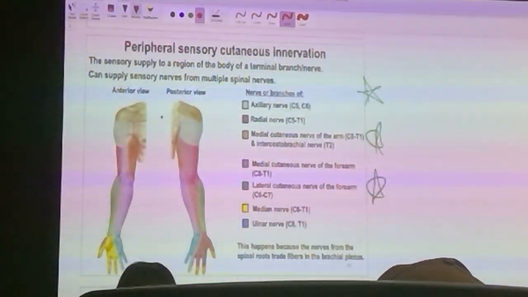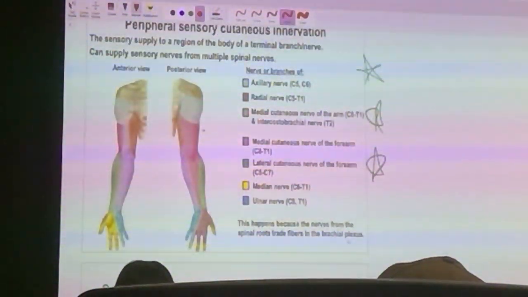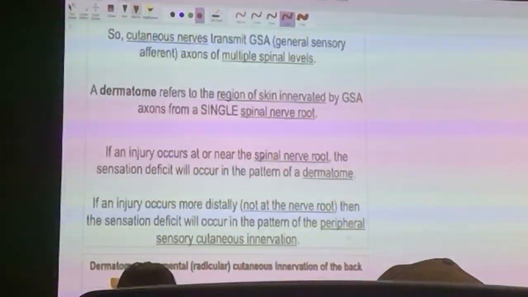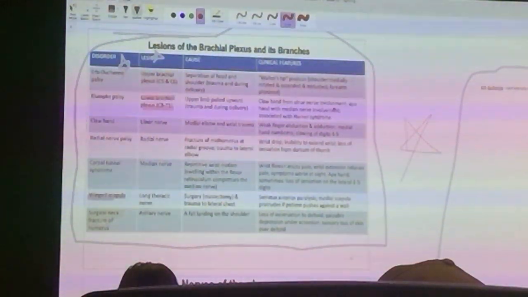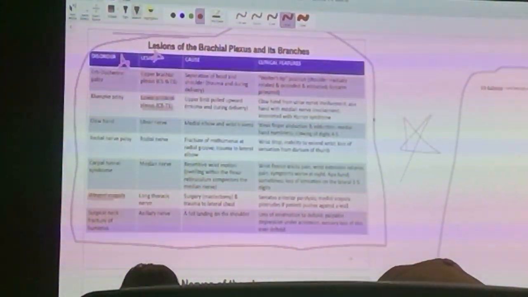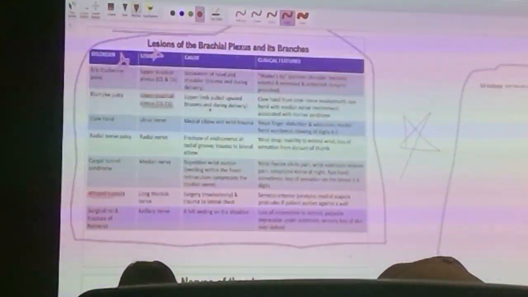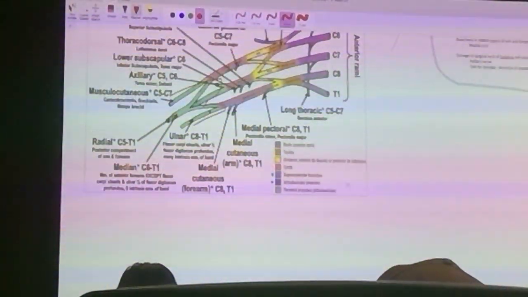And this was the thing I was talking about for the cutaneous innervation. This is just a summary. Any questions about this lecture?